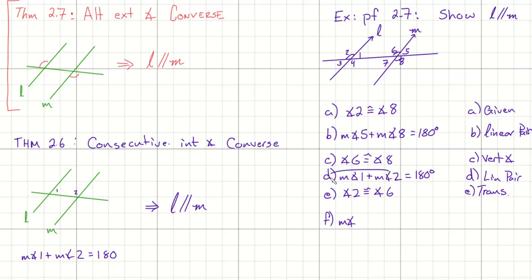I see on this line, I claim that 1 plus 2 is 180, but I need it to say 1 plus 6. And fortunately, we just concluded that 2 and 6 were the same. Okay, so I'm going to rewrite this with the measure of angle 1 plus, instead of angle 2, we'll write angle 6 equals 180. And that's just a substitution is all we've done.